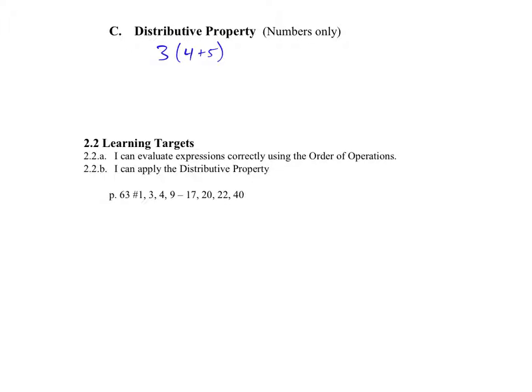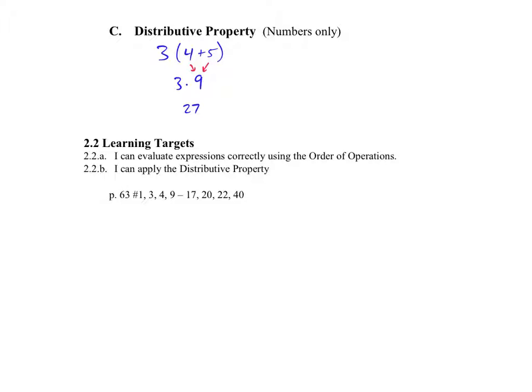You could say, all right, I have 4 plus 5 is 9, so I'm doing 3 times 9 to get 27. But would you agree, when you change this 4 plus 5 into 9, 9 kind of includes both the 4 and the 5. So when we multiply by 3, essentially you're multiplying both the 4 and the 5 by 3.